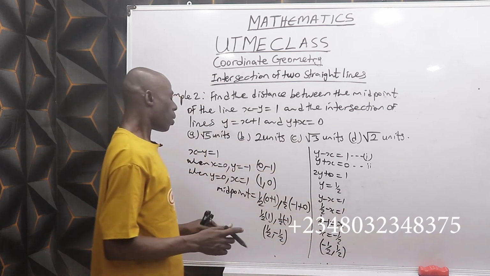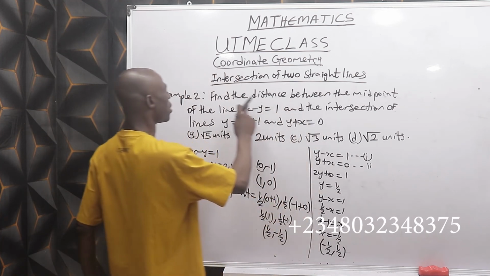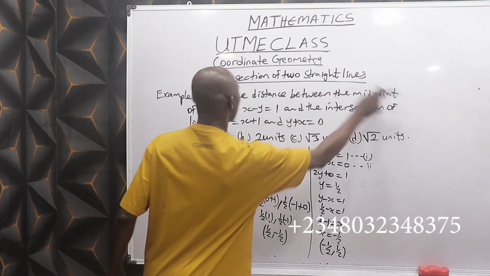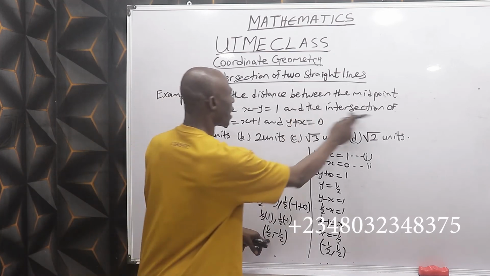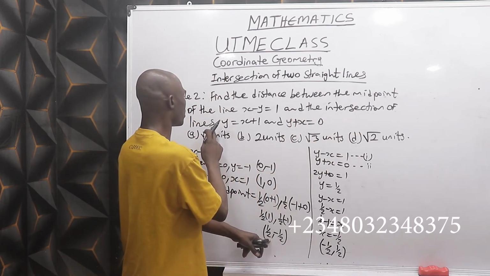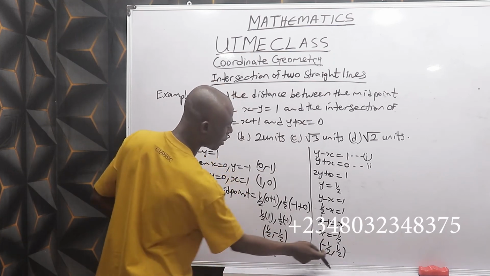That's the coordinate. We are now to find the distance between this and this. That's the question. Find the distance between the midpoint of the line, this is the midpoint, and the intersection of the lines, this is the intersection. We are finding the distance.